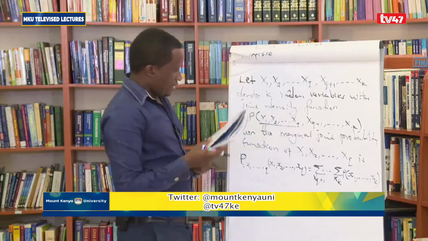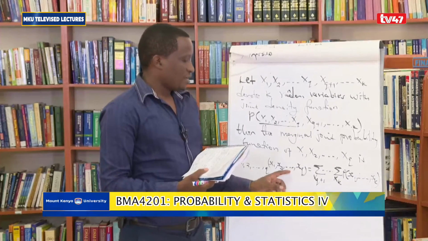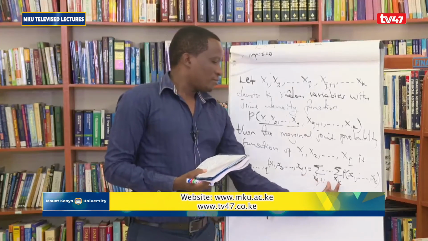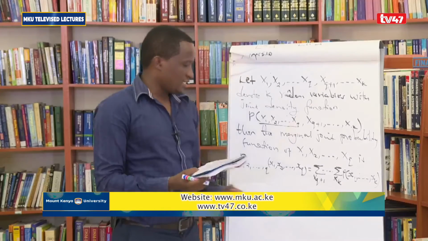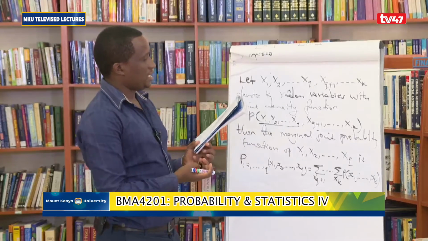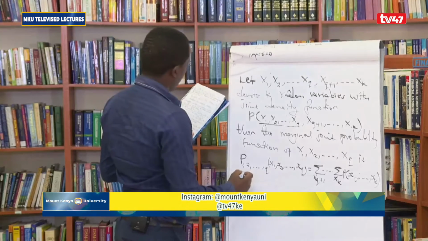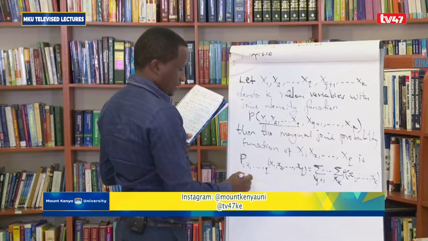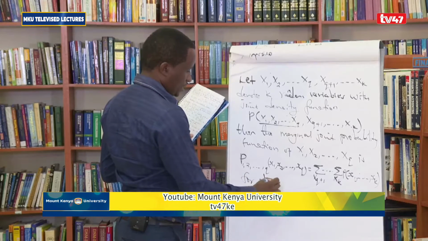So we are saying if we want the marginal distribution of the first set, then we sum the probability distribution of the whole set over the remaining set that we are not interested in. This is for the discrete case.